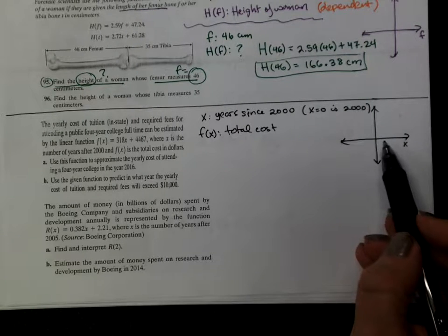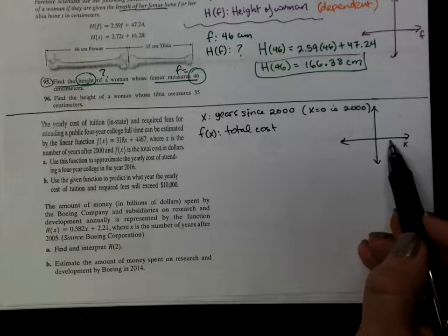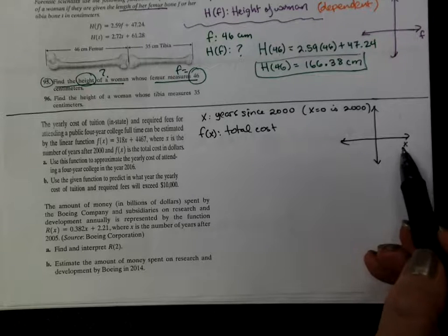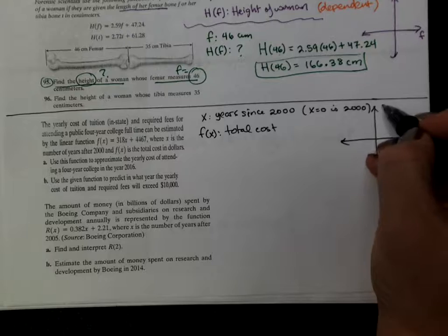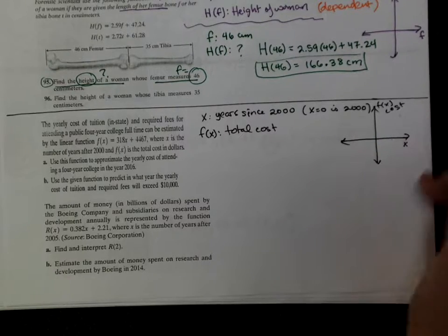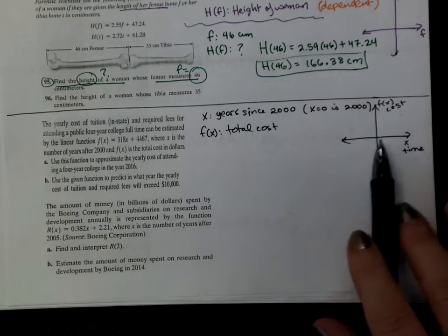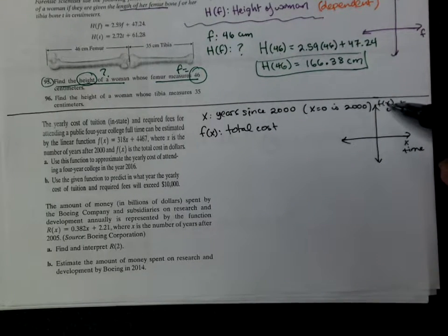Each year that passed, what's happening to that tuition? It's going up. Yeah, it's getting higher. And so here is our y value, our f of x, which is cost, and this is time, or years. So over time, tuition is going up.